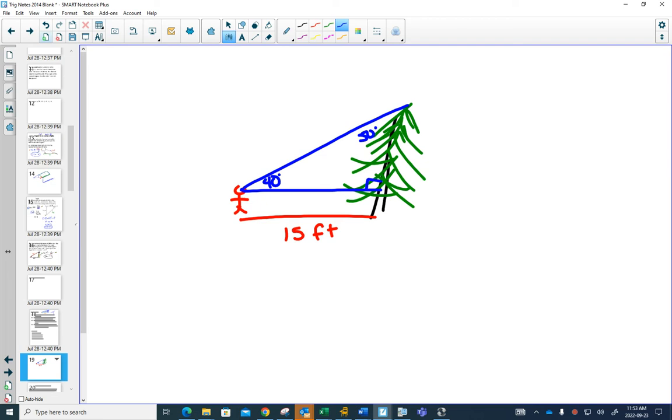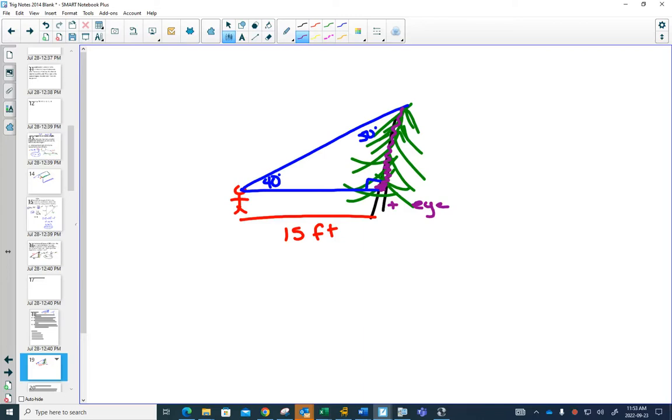The height you could figure out is not the total height of the tree, just this part. And then you have to add your eyeball height, to get the total height of the tree. Option number 2 is you lie on the ground, but that would be very difficult.